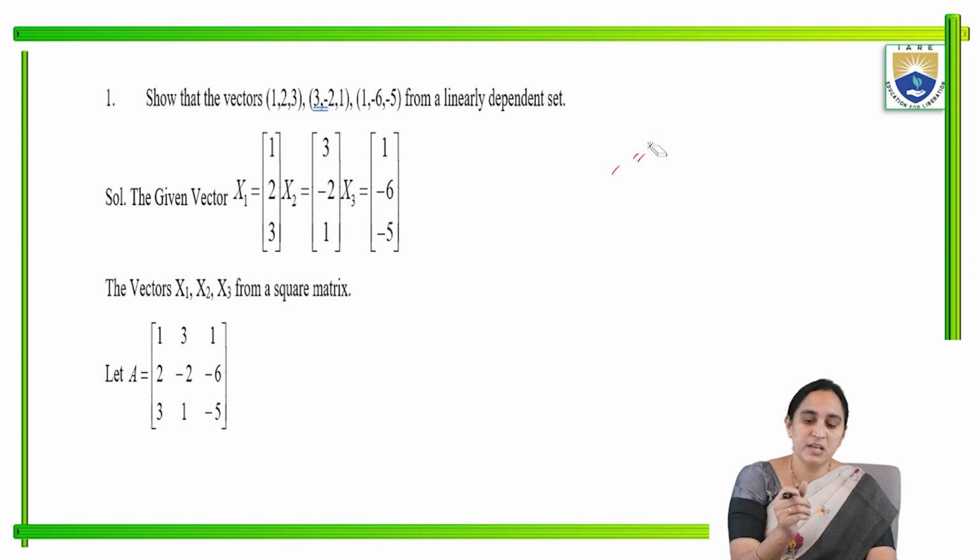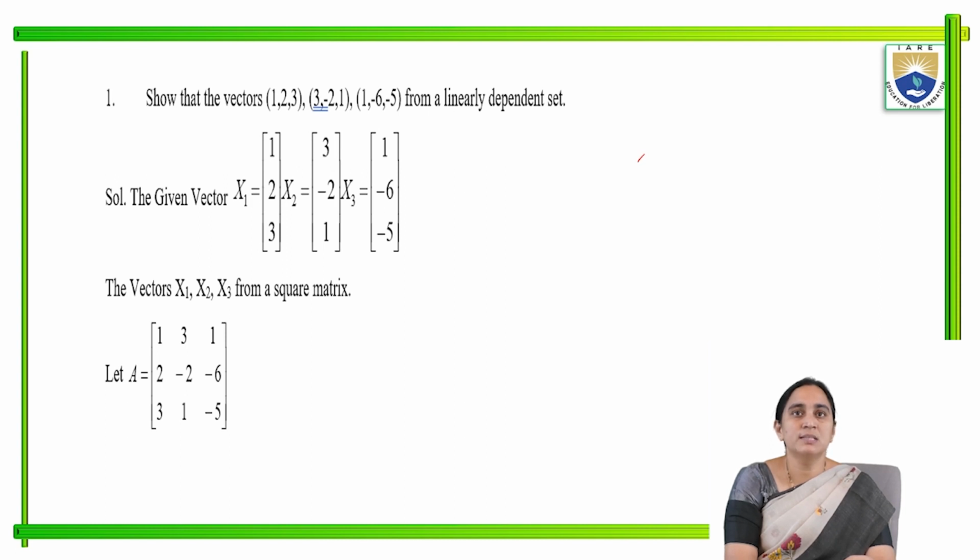The first vector is x1 = (1, 2, 3), x2 = (3, -2, 1), and the third vector x3 = (1, -6, -5). These are the vectors x1, x2, x3.